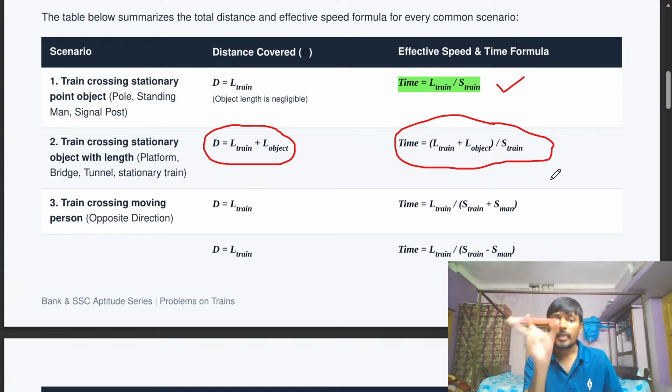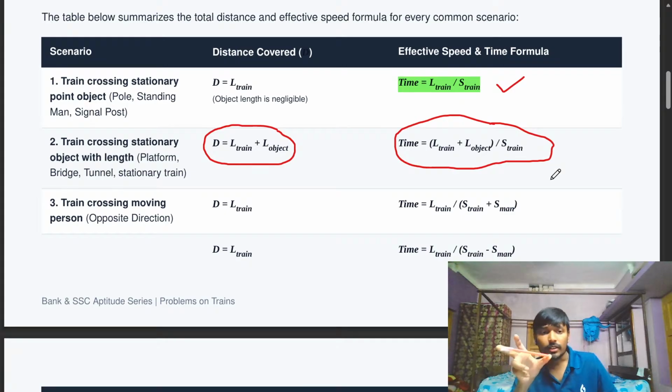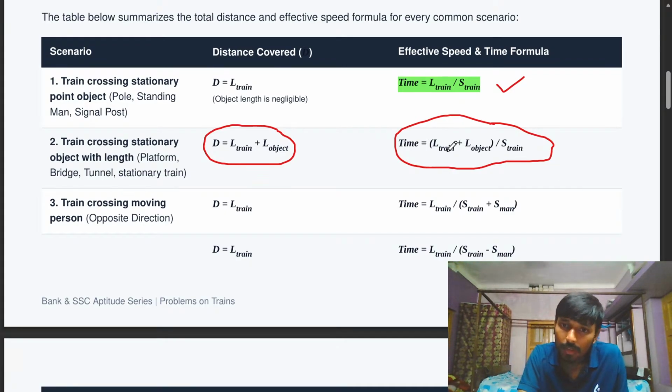It can be a platform, a bridge, a tunnel, or a stationary train. So in this case, the formula is time equals length of train plus length of object divided by speed of train.